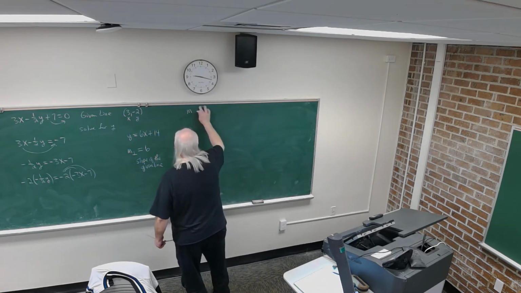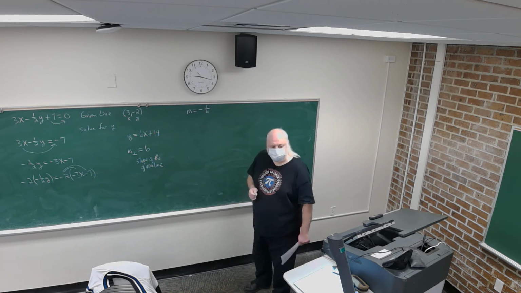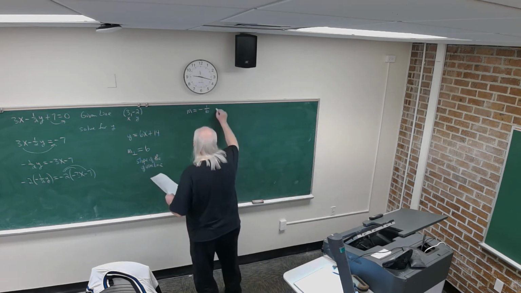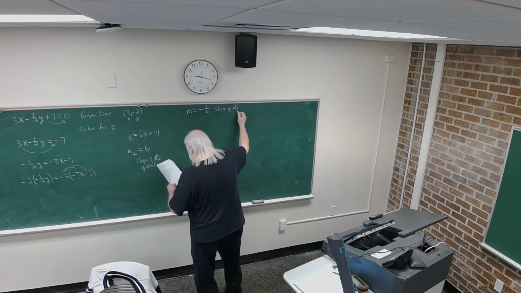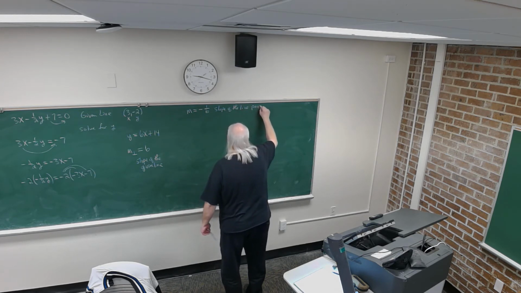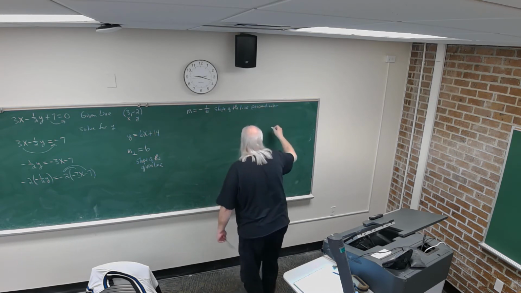So m is equal to the negative reciprocal of 6, which is minus 1/6. So that is the slope of the line perpendicular to the given line.